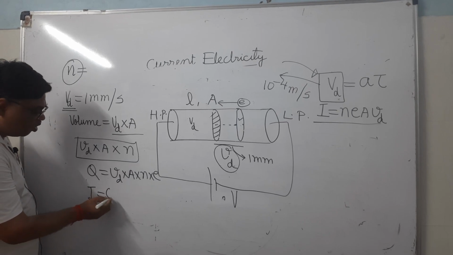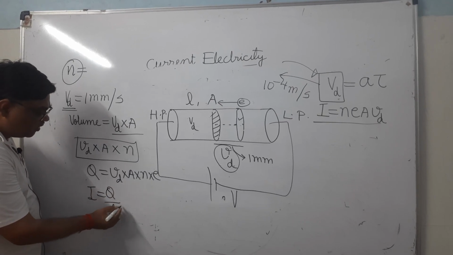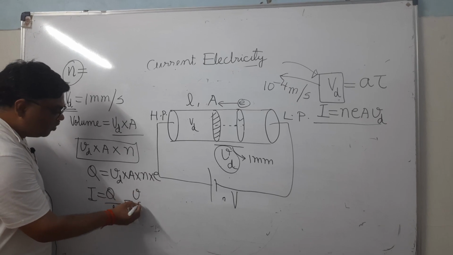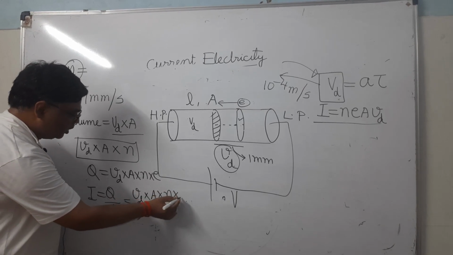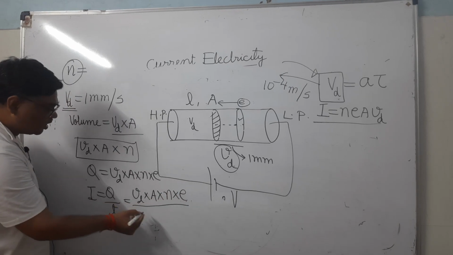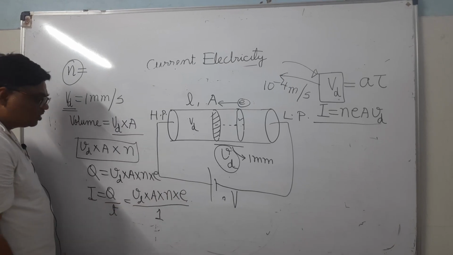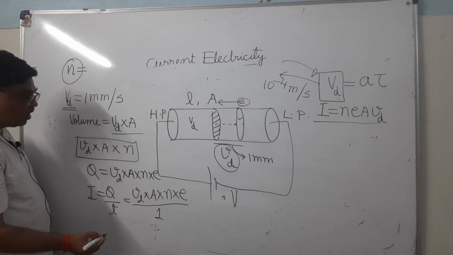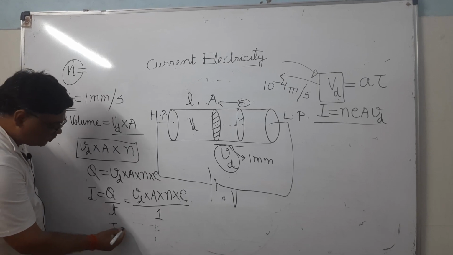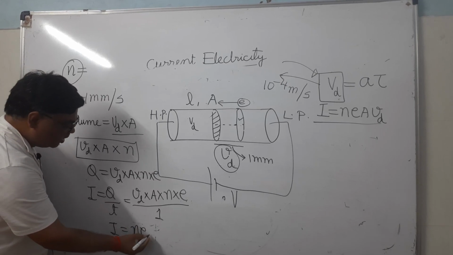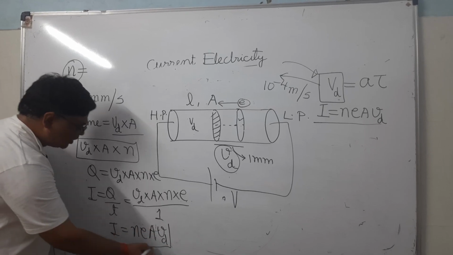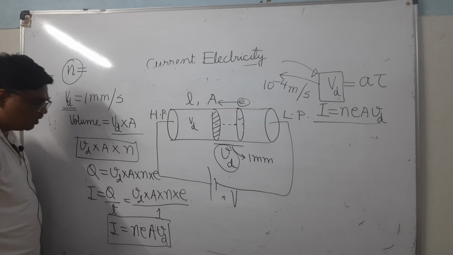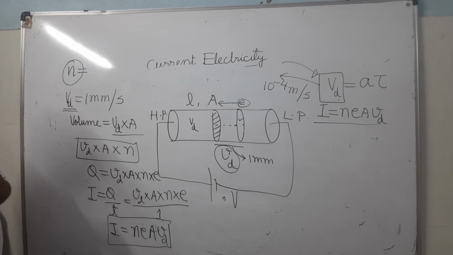Current equals Q upon t, which is Vd into A into n into e, where e is the charge on 1 electron, divided by 1 second. Means current will be given by n e A Vd. This will be the expression of the current.